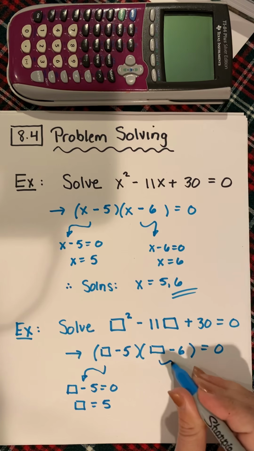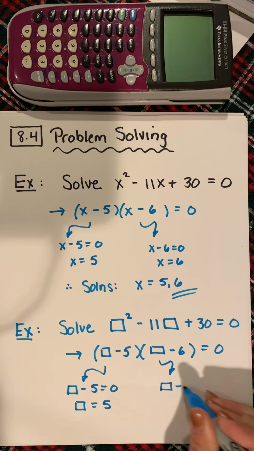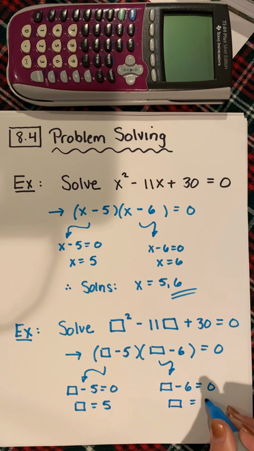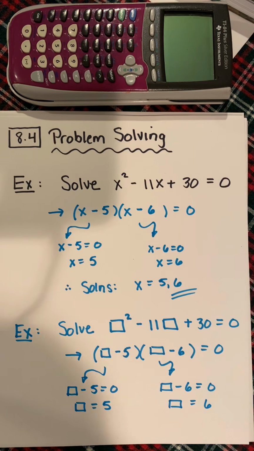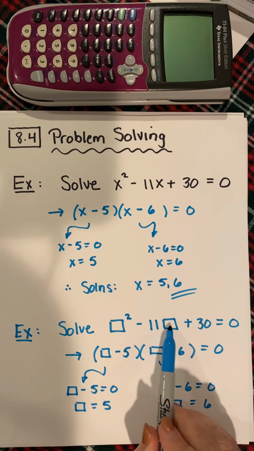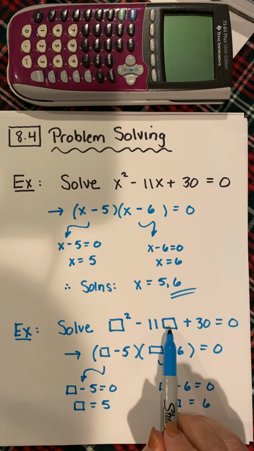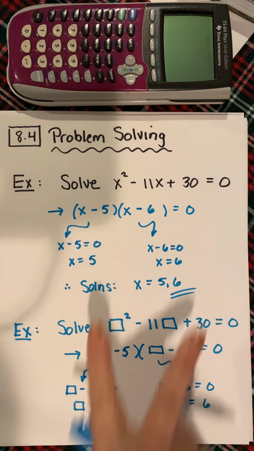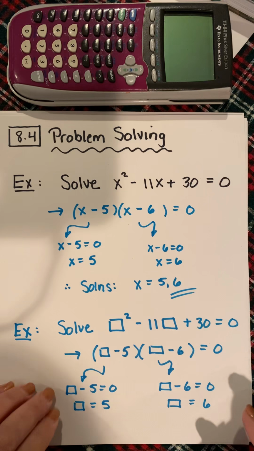And likewise, this factor tells me whatever this is, minus 6 equals 0, so whatever that box is must equal 6. So remember, as long as these match, that it's in its singleton form, this is itself being squared, then we can proceed exactly the same.